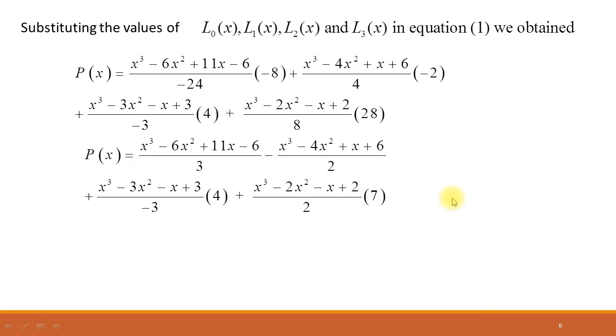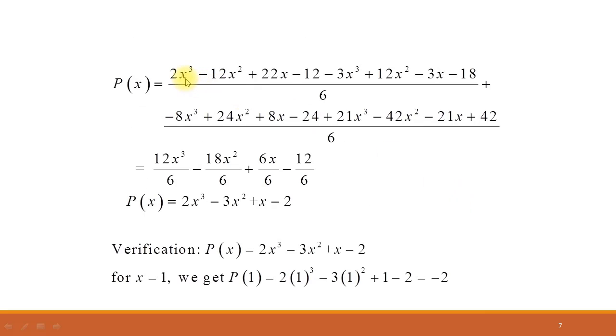Now again next simplifications, taking the LCM of these two expressions and the LCM of these two expressions. For the sake of simplification, first of all take the LCM of these two terms and take the LCM of these two terms. We obtain 2x cube minus 12x square plus 22x minus 12 minus 3x square plus 12x square minus 3x minus 18 divided by 6.